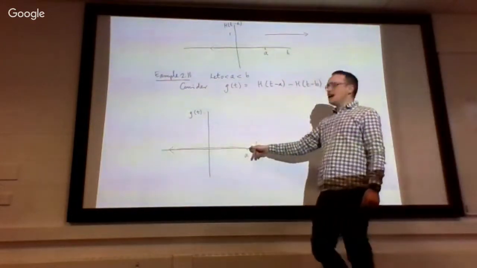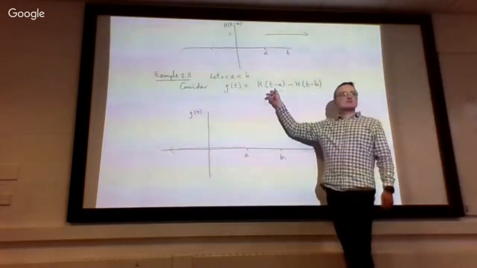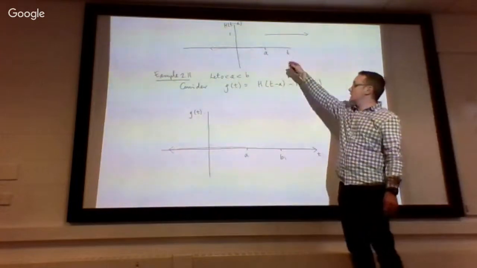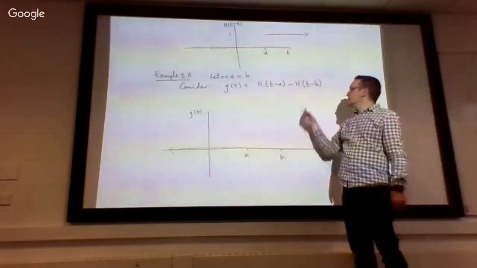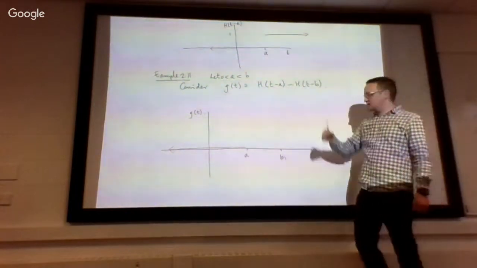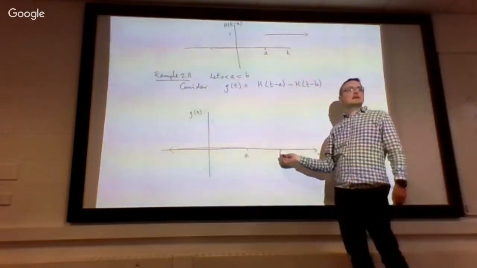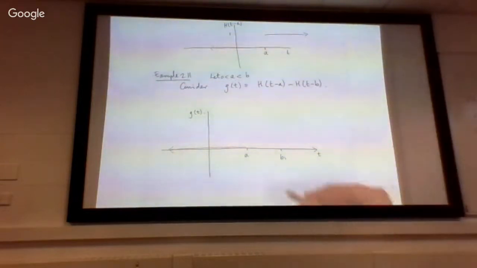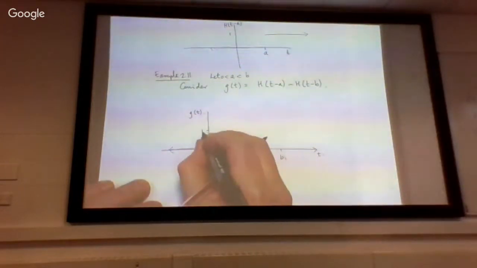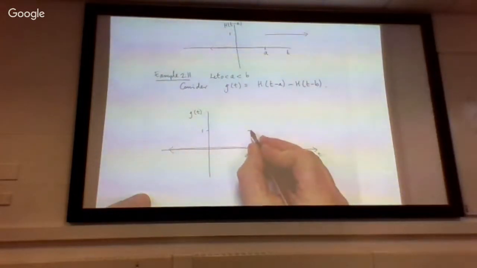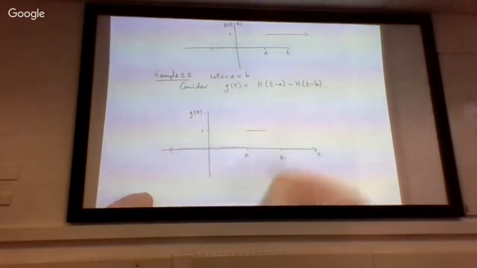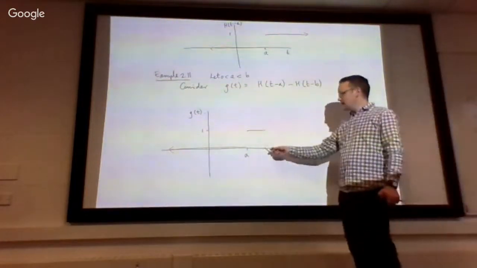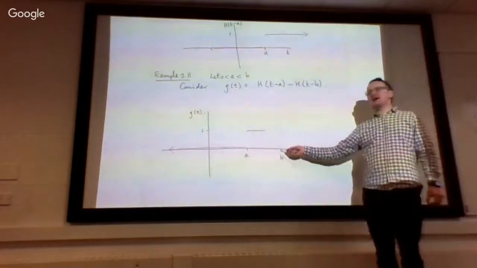But when t passes the value a, this first one gets switched on. This first one takes the value 1 at every point beyond a. The second function is still switched off because t hasn't reached b yet; t is still less than b. This second function switches on at b. So the function jumps to the value 1 as it passes through a, and it continues to take the value 1 until it passes through b.